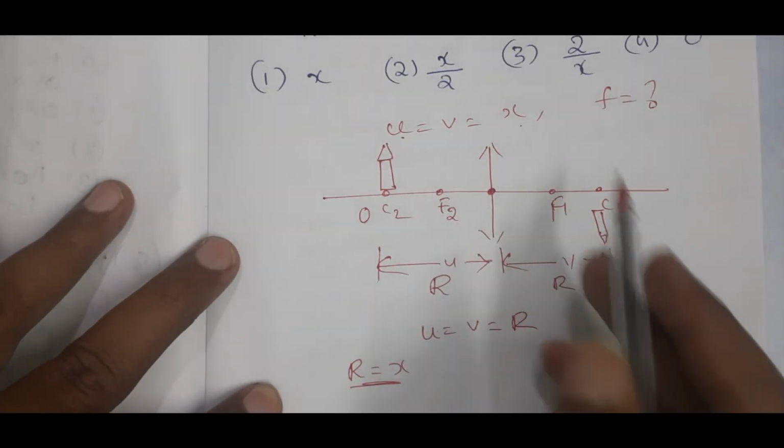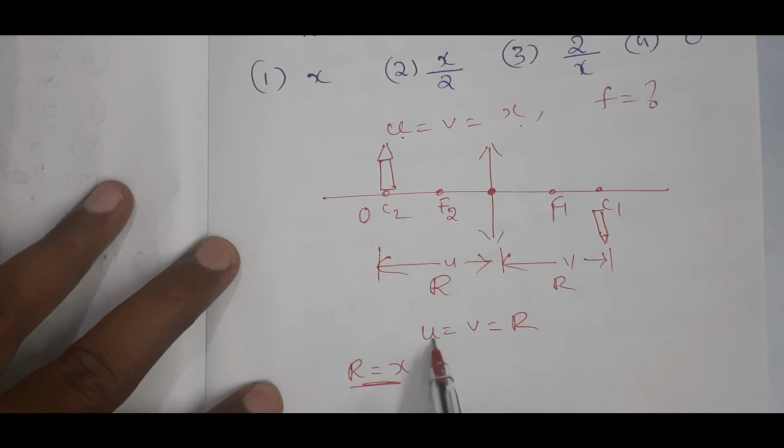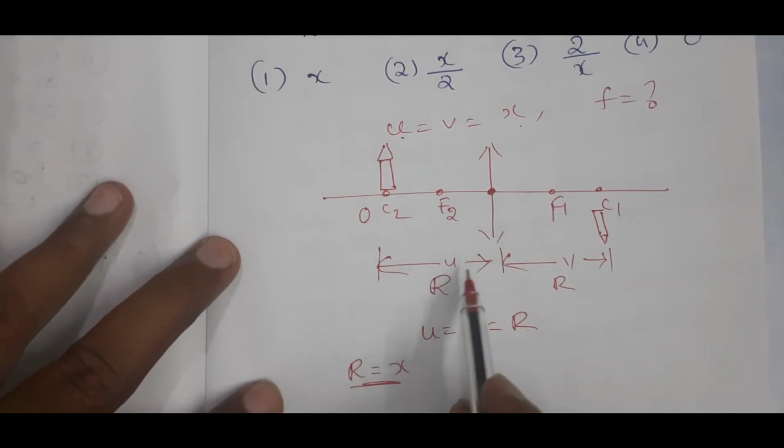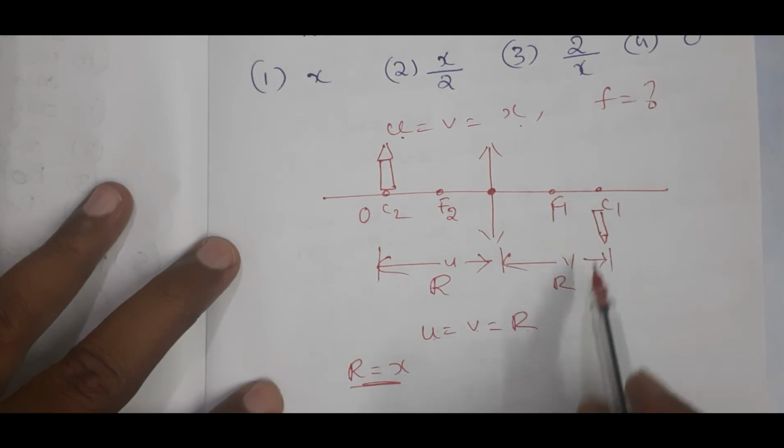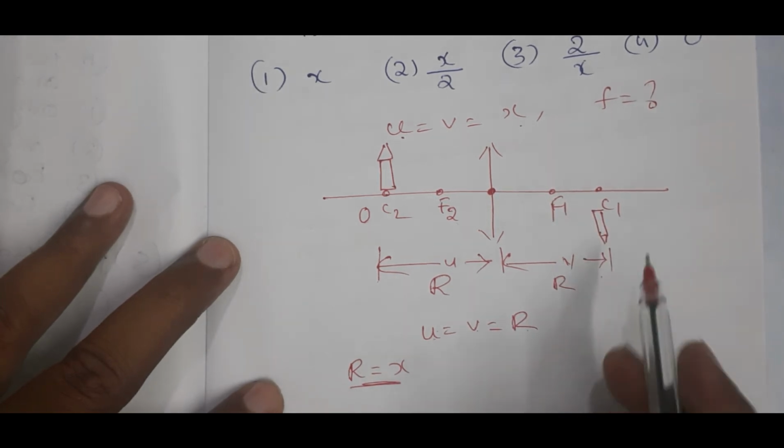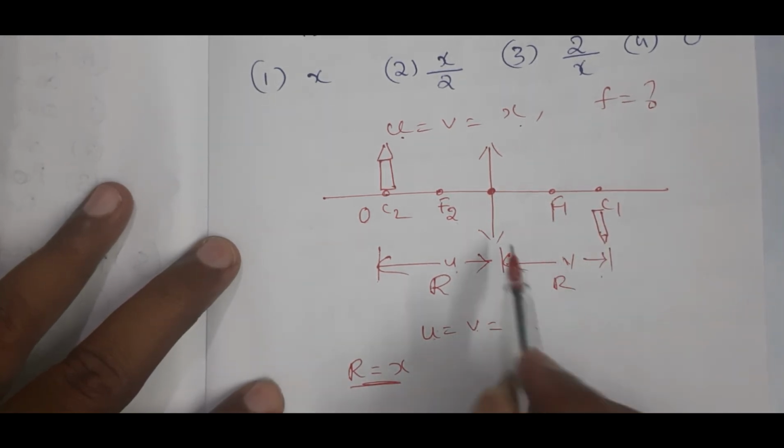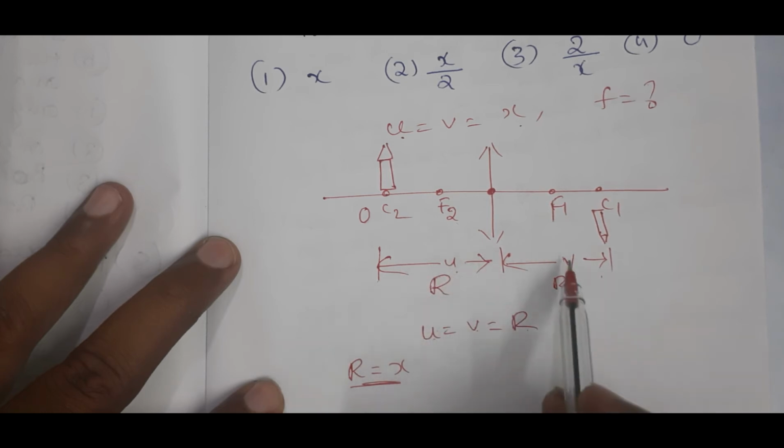So here u is equal to v is equal to x means that the radius is indirectly given as x, students. From this figure you can understand u is equal to v is equal to r, because from here to here is the object distance, and it is also the radius, and from here to here is the image distance v, which is also equal to the radius.